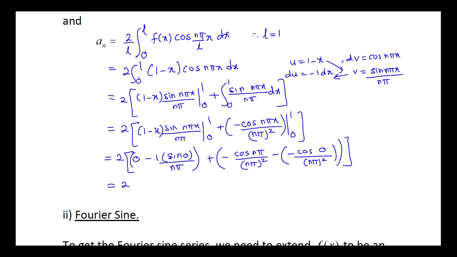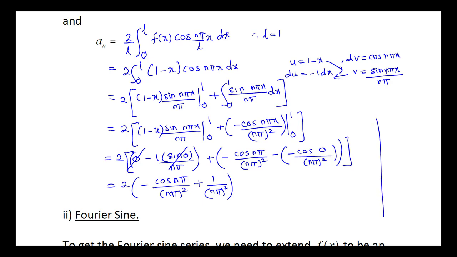This one is 0, sin 0 is 0. So you will get negative cos n pi divided by n pi square plus cos 0 is 1 over n pi square.